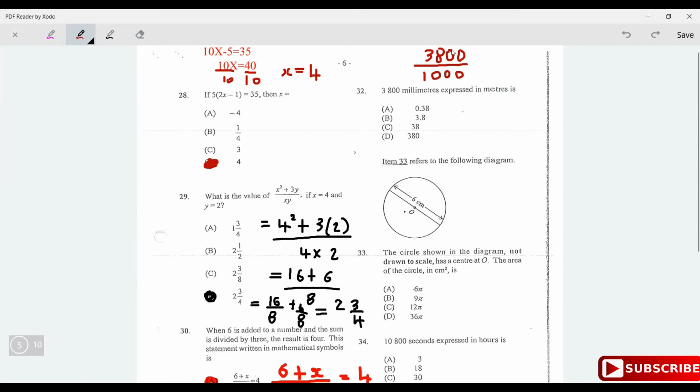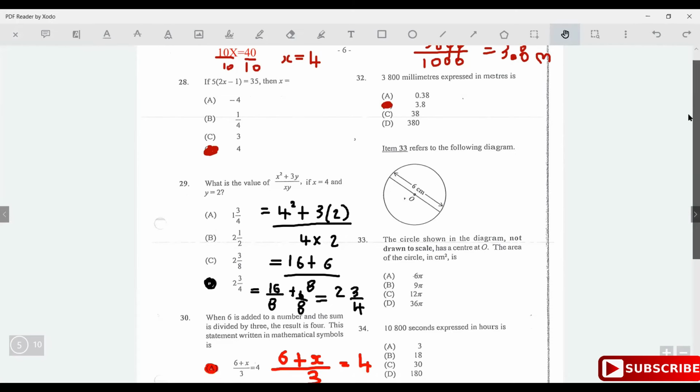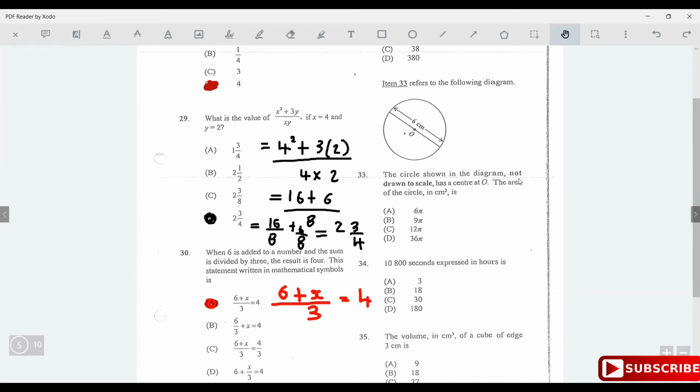These zeros cancel, so 38 over 10, which is 3.8. So 3,800 millimeters is 3.8 meters. Option B.